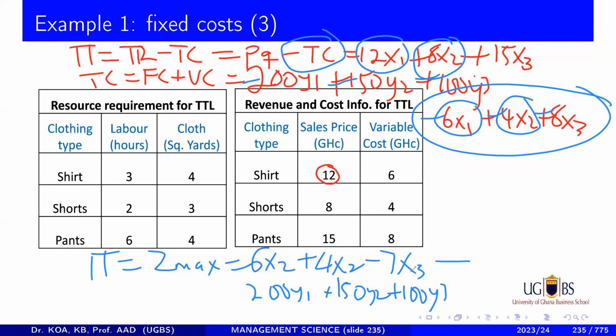Yes, Esther. Doc, please, I just need a little confirmation. The Z max, 6x2 plus, 6x1 plus 4x2. Should it be plus 7x3? Because it will be 15 minus 8.